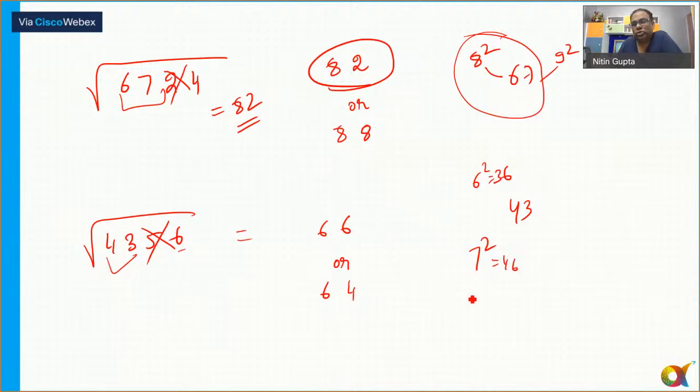I think 43 is closer to 49, isn't it? Or in case there is a doubt, multiply 6 into 7, 42. So 6 into 7 is 42 and I am getting 43. So it means it is greater than that. So I need to take the larger number. So among 66 or 64, the larger one is 66. So its square root is 66. That's it.